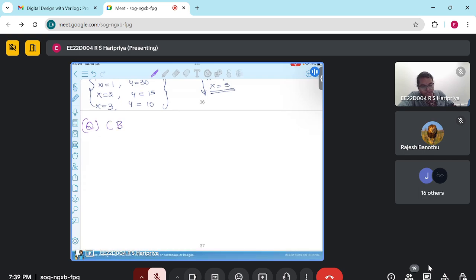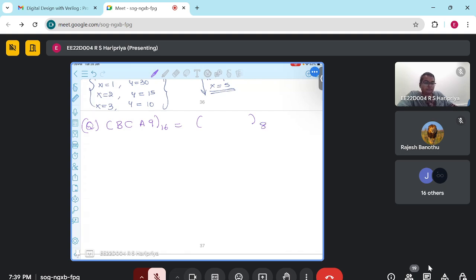If the given BCA9 is in hexadecimal, what will be the equivalent in octal? So we have to perform hexadecimal to octal number conversion. So hexadecimal groups of 4. First is 9, A is 10, so 1010, and C is 12, so 1100.